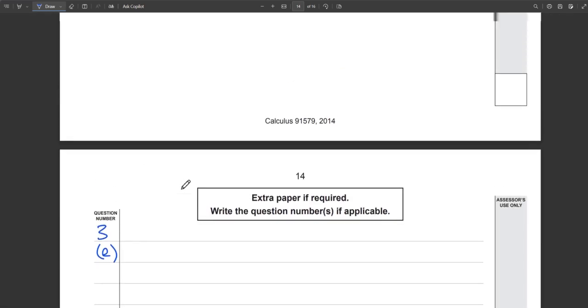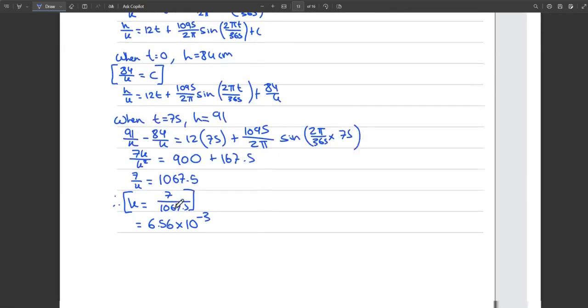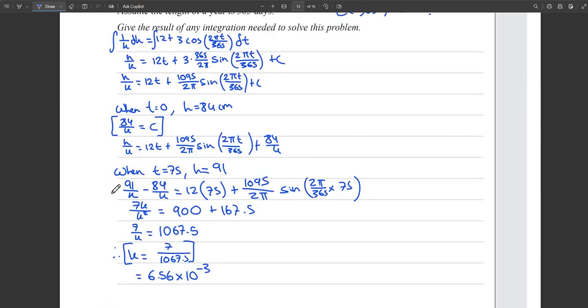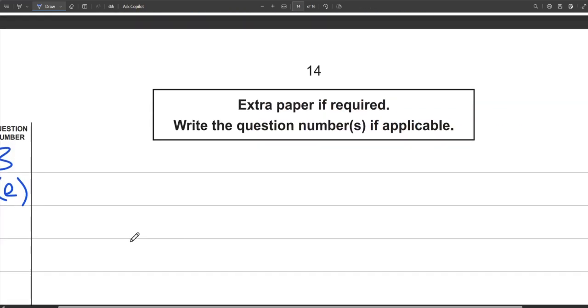So let's go back and copy our stuff down. Where is our equation here? Our handy little equation. Cool, so h on k.